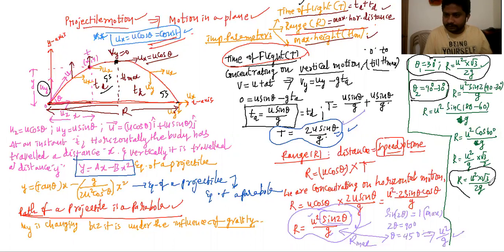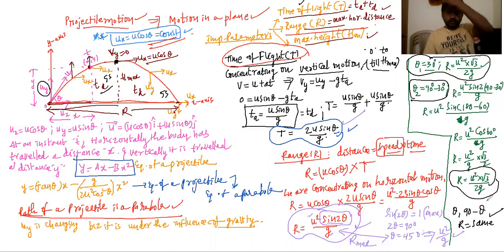That means for theta and 90 minus theta, the range is the same.